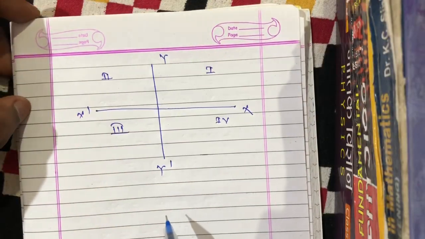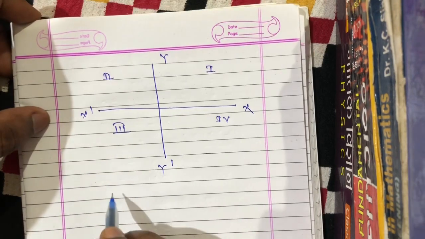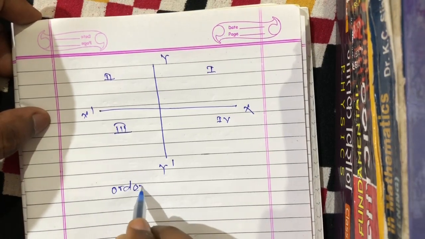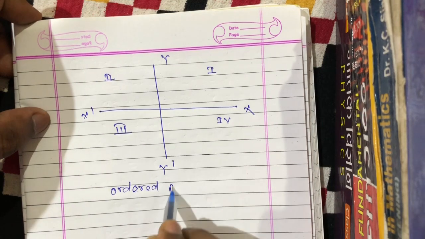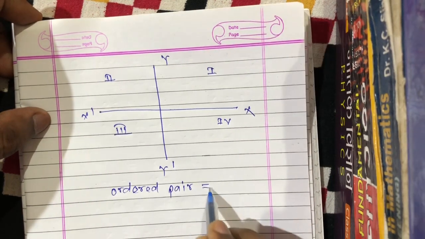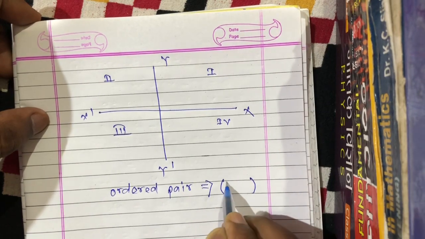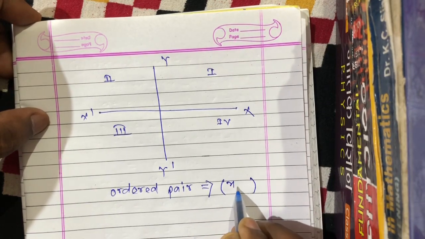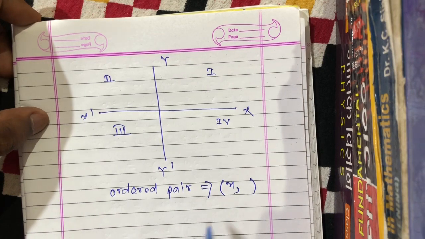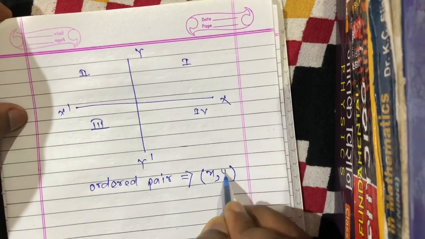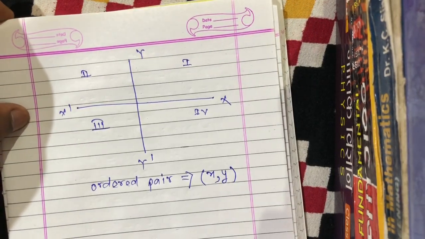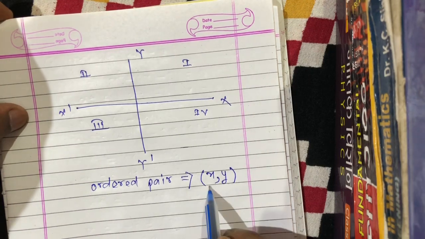In coordinate axes, a point is always written in the form of an ordered pair. An ordered pair is always written in small brackets, whose first value represents the perpendicular distance from the y-axis and second value represents the perpendicular distance from the x-axis.